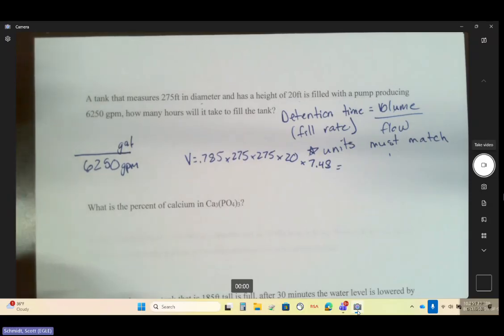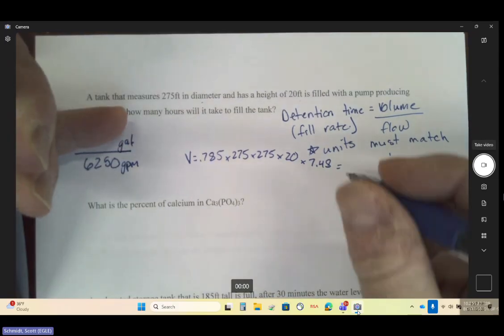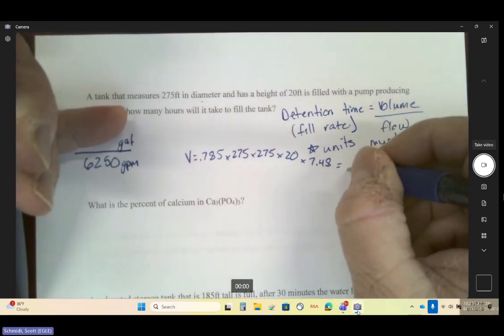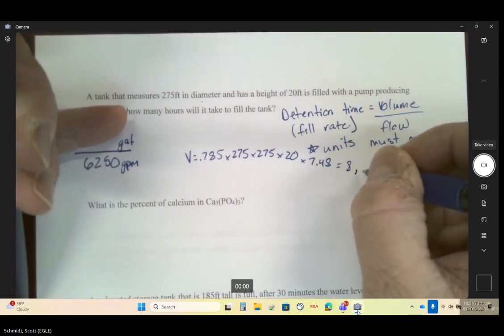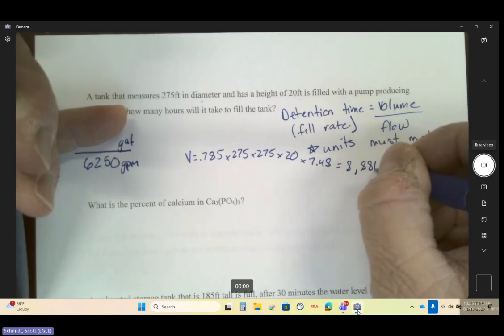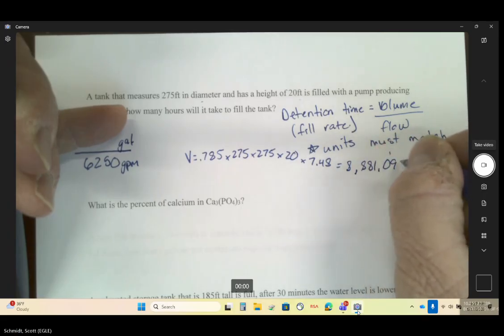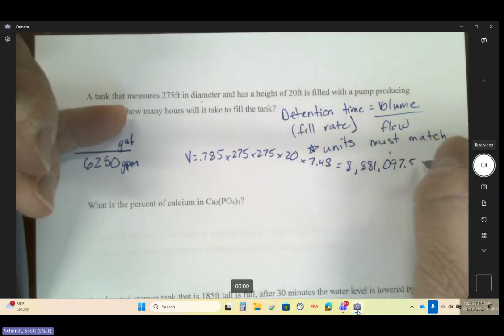This question is actually inspired by a plant here in Michigan that has tanks that are 320 feet in diameter. And I think they have 6 of those tanks, if I remember right. So this is 8,881,097.5 gallons.